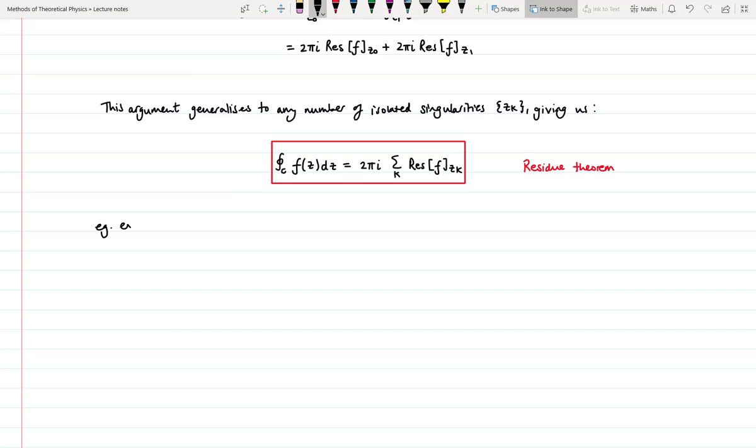Let's consider evaluating the integral along a contour C of (5z minus 2) over z times (z minus 1) dz, and let's specify our contour like this. Let's say it is the set of points z that have distance from the origin 2, in other words, a circle. As always, let's draw a picture.